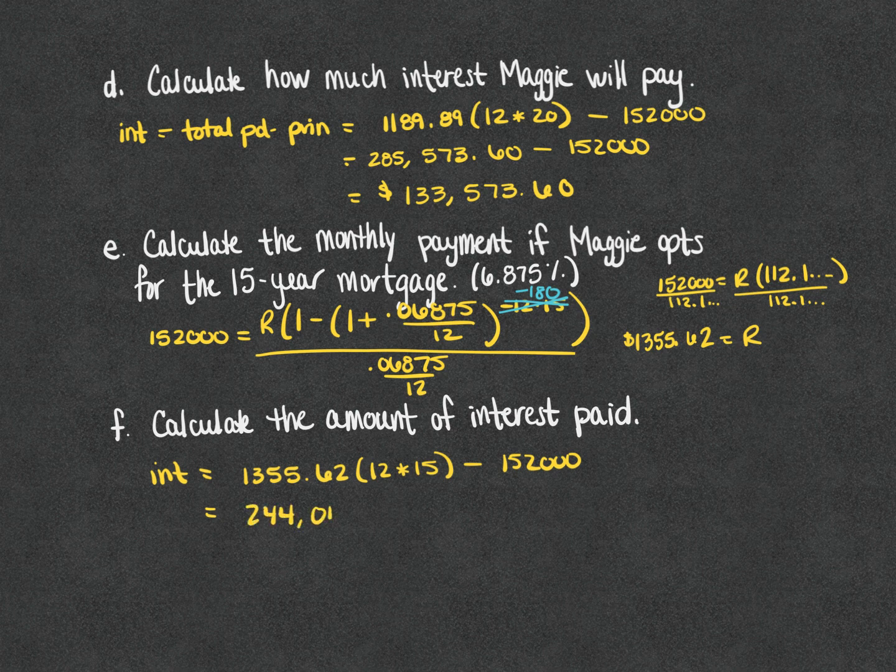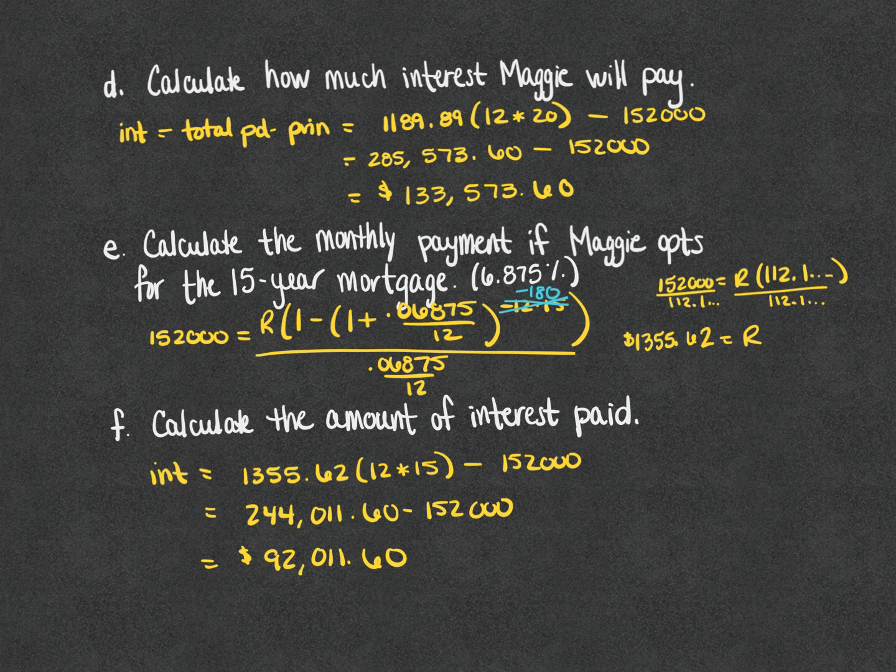Total paid is $244,011.60 minus the principal of $152,000. That means that for the 15-year loan, we're only paying $92,011.60 in interest. So again, notice the interest goes down by this time by another $40,000.